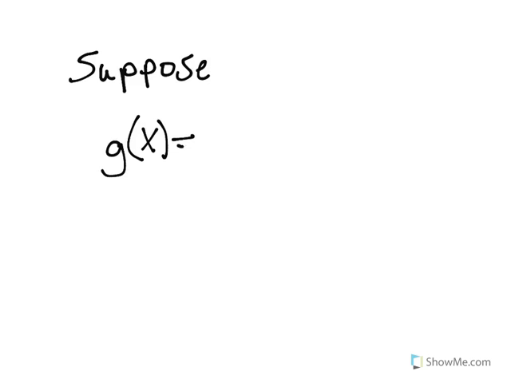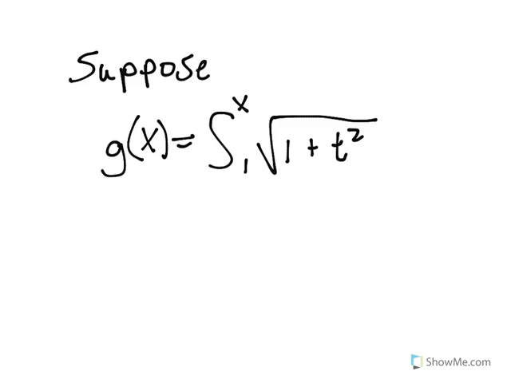So the first one we're going to look at says this: let's suppose that g of x is a function that looks like this. g of x is the integral from 1 to x of the square root of 1 plus t squared dt. And I want to remind you what the fundamental theorem of calculus says. It says that if you have a function g that's written as an integral, and you have a bound on that integral that is an x, that's your variable.